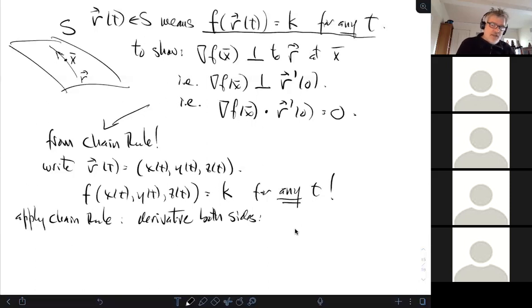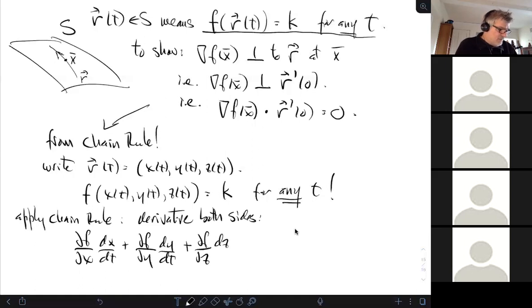On the left-hand side, the chain rule says it's del f del x dx dt, I'm not evaluating it, so it'll be more concise this way, plus del f del y dy dt plus del f del z dz dt.